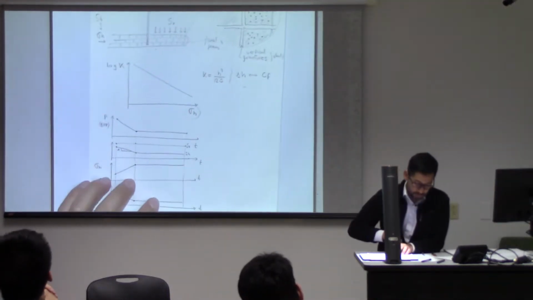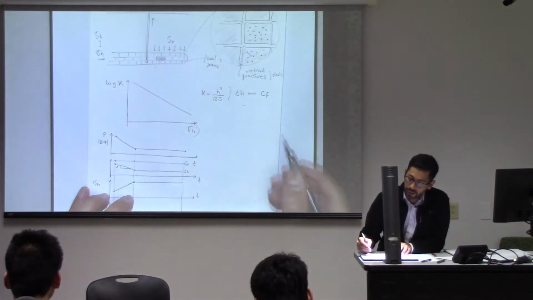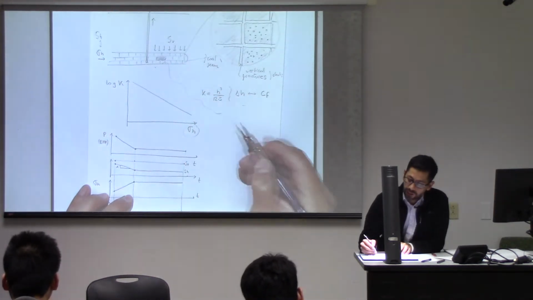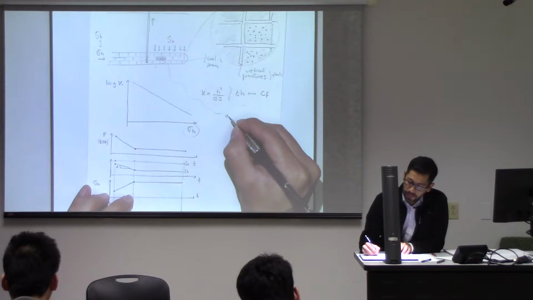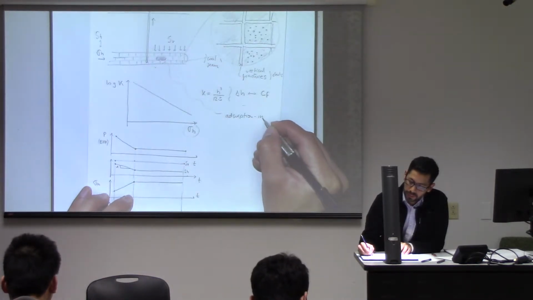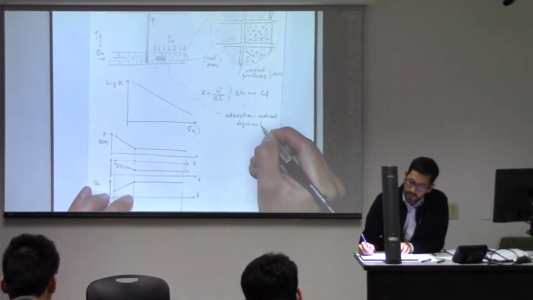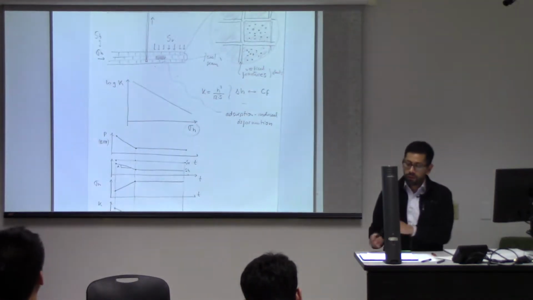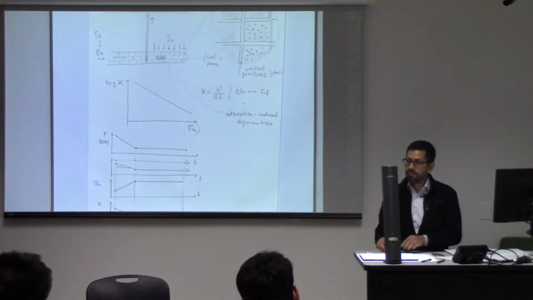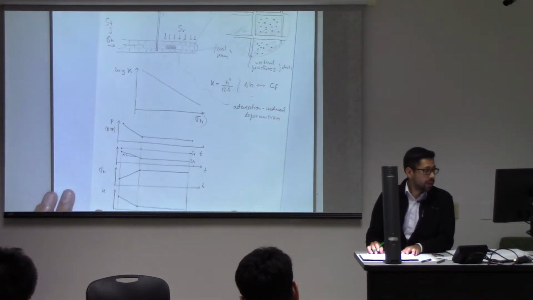Okay, but now this rock is a coal rock, and that coal rock develops adsorption-induced deformation. So we're going to add the component now of adsorption and see what is the effect of that, the chemical part on this reservoir stress path.